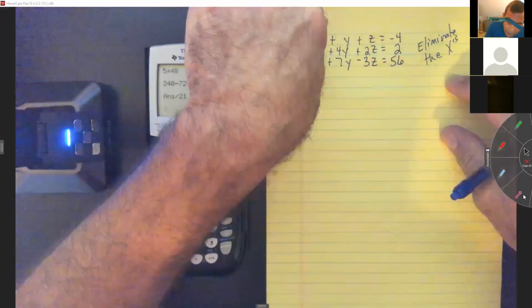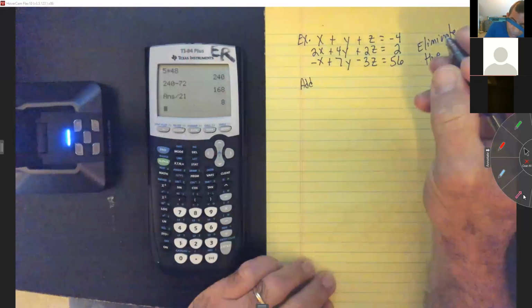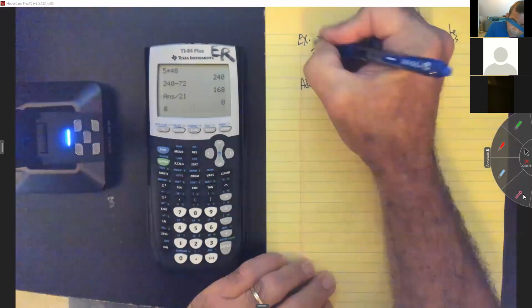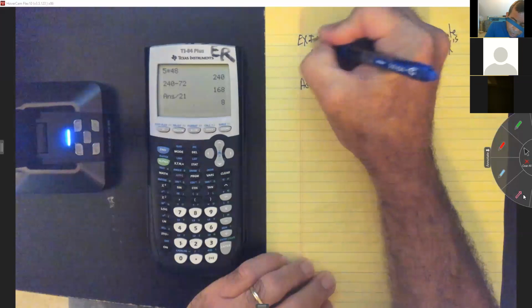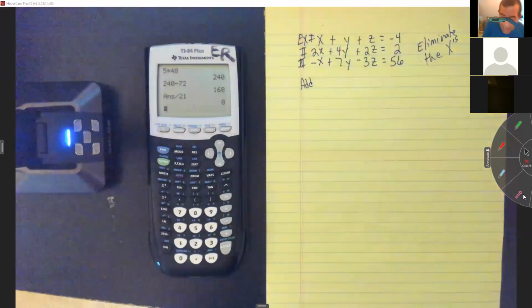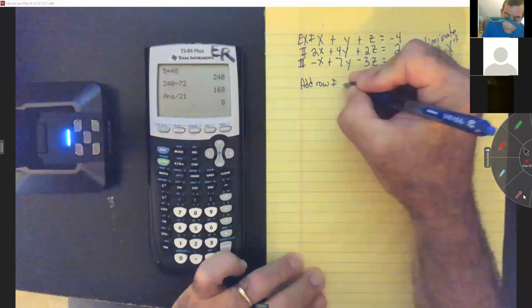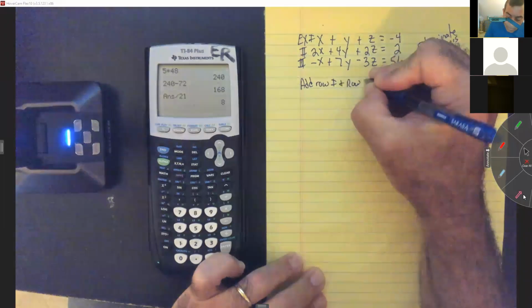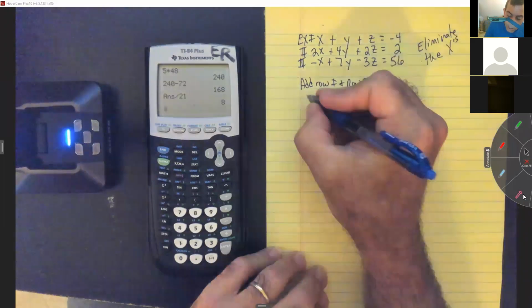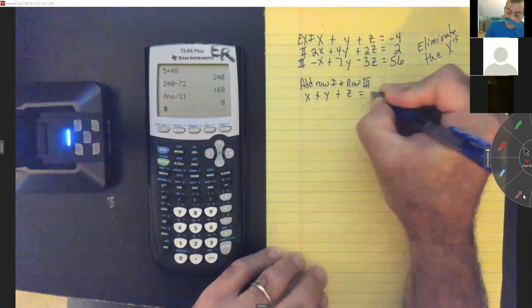So first, I'm going to add, and let me call this row 1, row 2, and row 3. I'm going to add row 1 and row 3 because they're really quick. x plus y plus z equals -4.